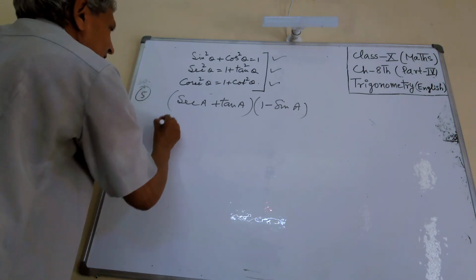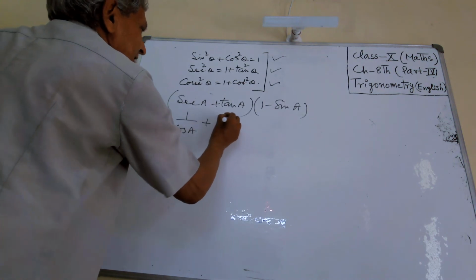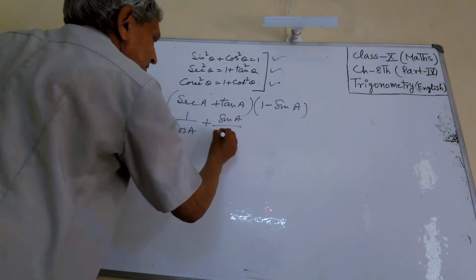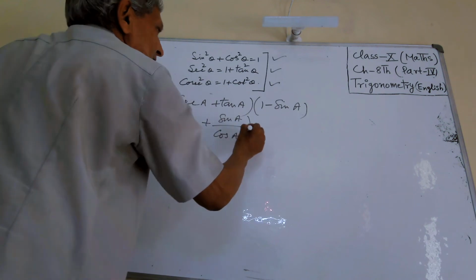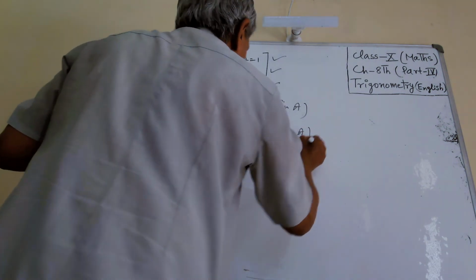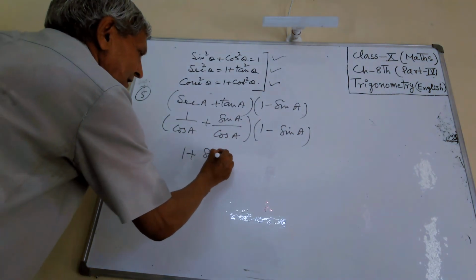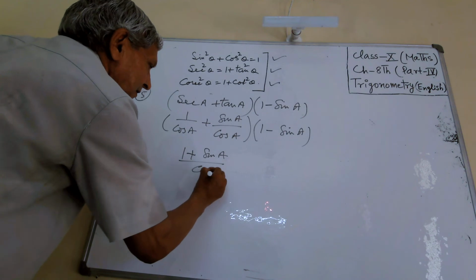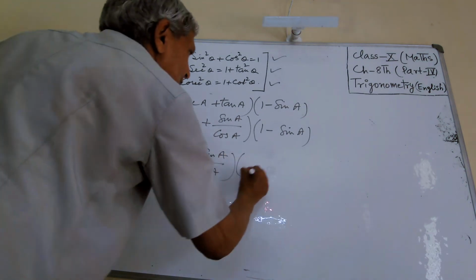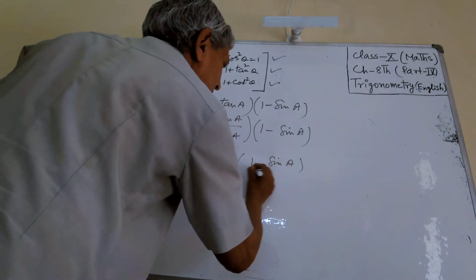Now, sec A is 1 upon cos A plus tan A, sine A upon cos A, as you have seen in the previous questions, into 1 minus sine A. Here, by taking LCM, 1 plus sine A upon cos A into 1 minus sine A upon 1.